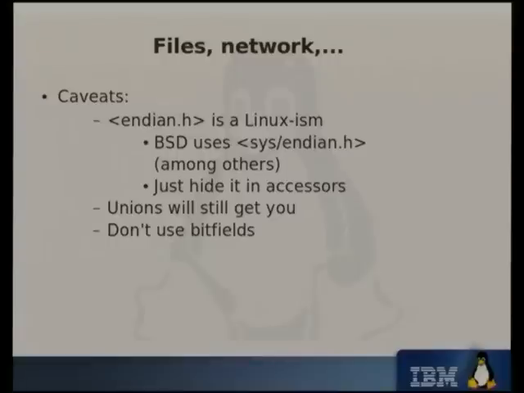Now, there are a few caveats with my specific example. Endian.h, I believe, is a Linuxism or glibcism. I have not found a really portable way of figuring out and doing the Endian swapping that is satisfactory. But it's not a big deal, because the minute you put everything in accessors, you're going to have what? Half a dozen of them. They all go in one file.